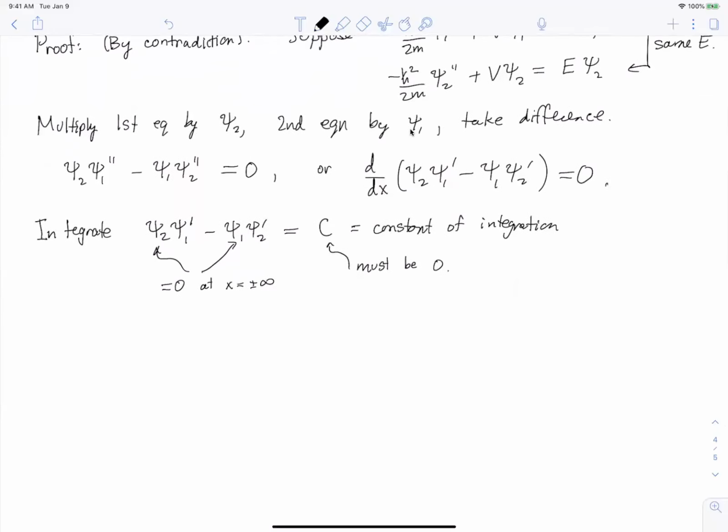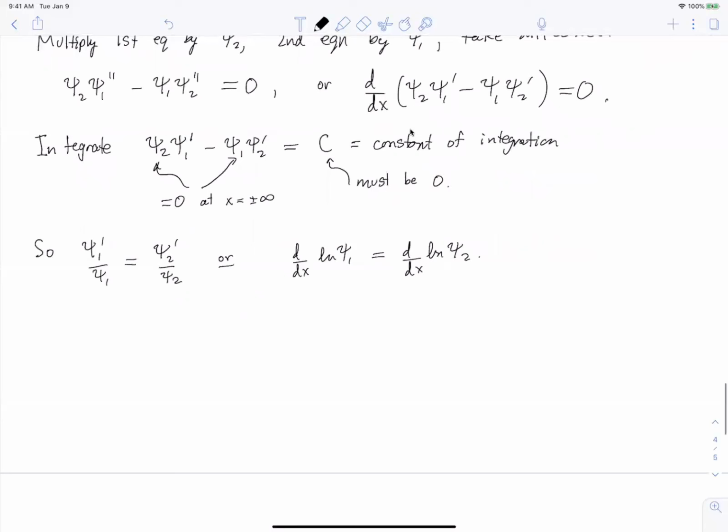So we've learned that psi1 prime over psi1 equals psi2 prime over psi2. Another way of writing that is d by dx of logarithm of psi1 equals d by dx of logarithm of psi2. Now again, it's a total derivative, so let's integrate again. Total derivatives love to be integrated.